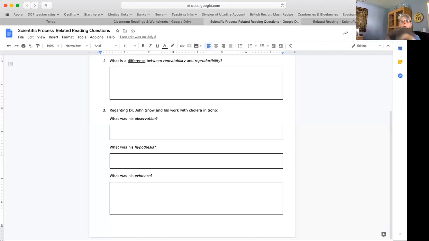And what was his evidence? That most of the people who were dying lived near that pump and used it for drinking water. A few other people who had died still got water from that pump, even though they didn't live there. And people who were nearby but not using this pump weren't getting cholera and dying.